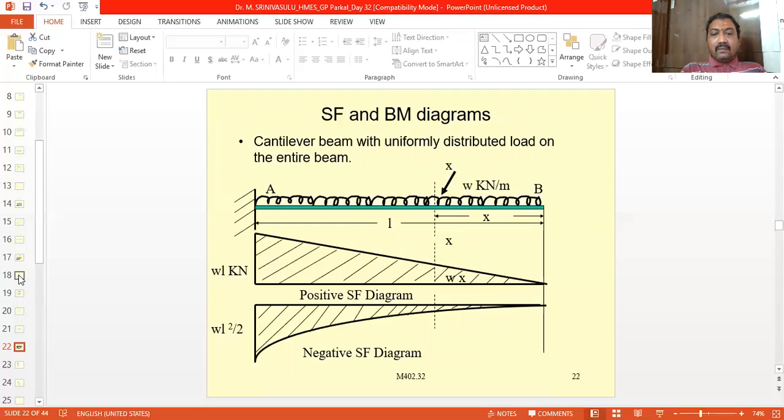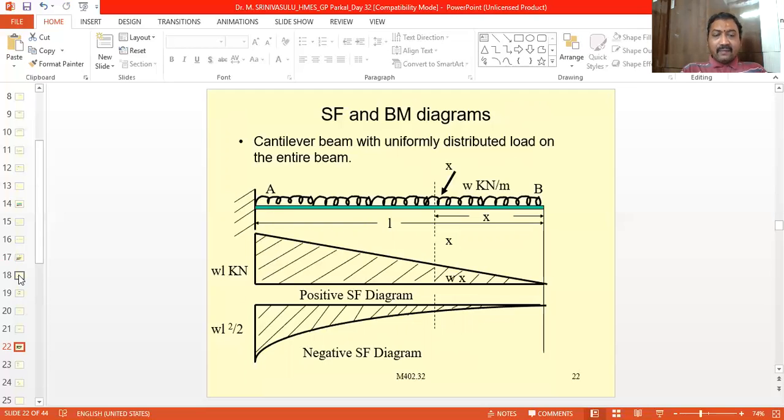So the SF and BM diagrams for the cantilever with UDL. Now construct a cantilever beam AB having a length L, carrying a UDL of W kilonewtons per meter length.